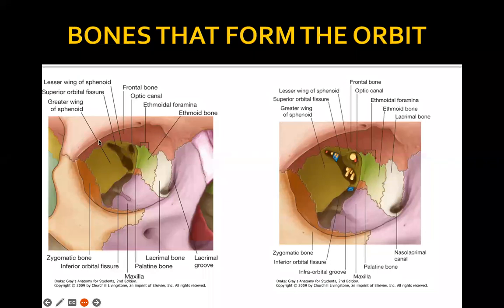That is the margin. That is the optic canal. So this margin is the base of the pyramid. And you know, a pyramid is pointed at the top, but its base is wide. So this will be the base, and then this optic canal will be the top or the apex.